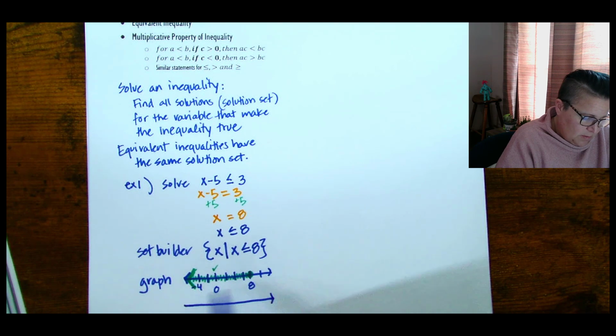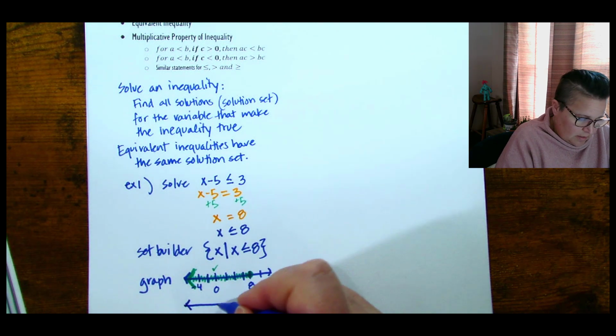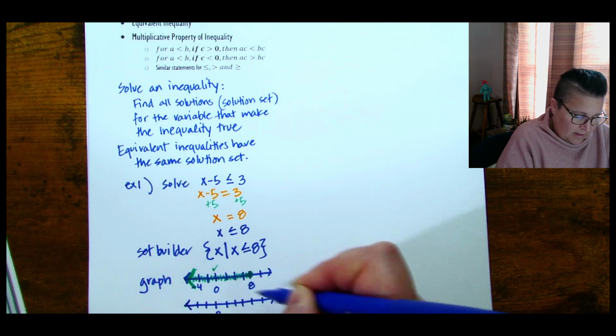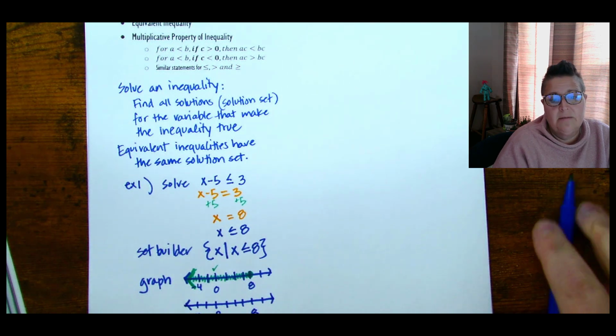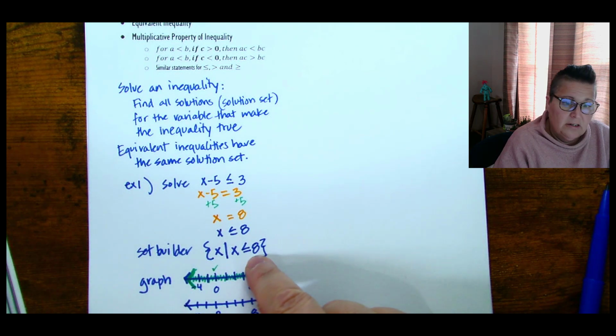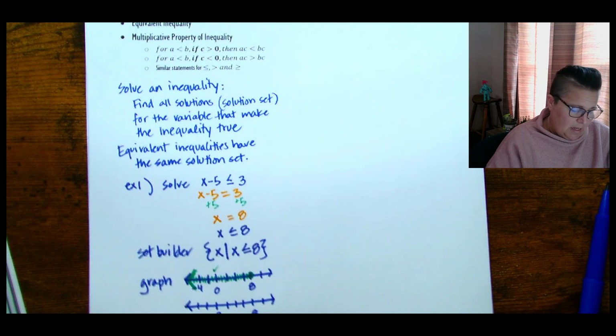Now, if I'm doing this using the other method, let's say that's a -4 and that's an 8. I can't use the rounded bracket here because the rounded bracket says it won't land on 8 exactly. This particular set says it can be 8.